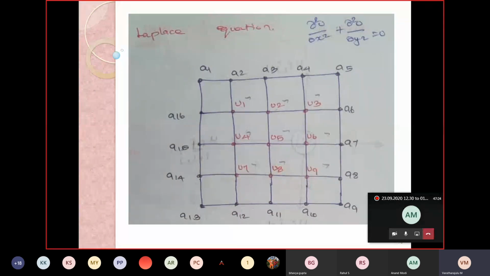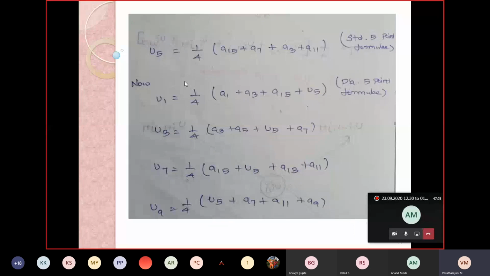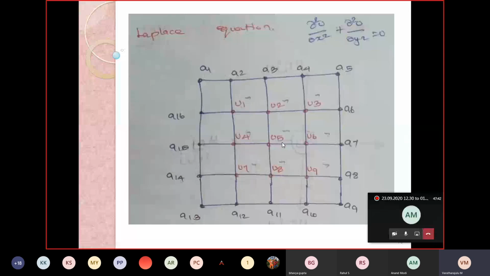This is our U5. We can find U5 by applying the standard 5-point formula with A15, A7, A3, and A11. Now we know U5. U5 can be calculated with the aid of the standard 5-point formula, but not using U4, U2, U6, and U8, because those are also unknown. Based on A15, A3, A7, A11, we can find our U5.